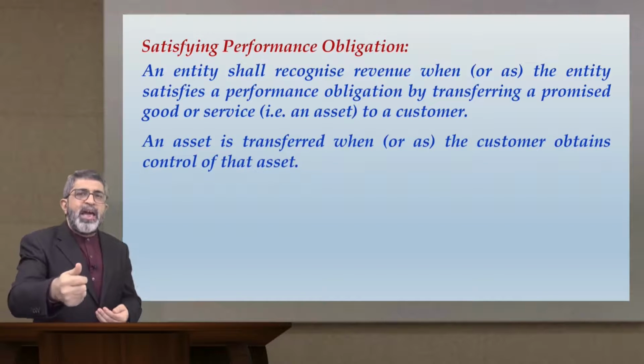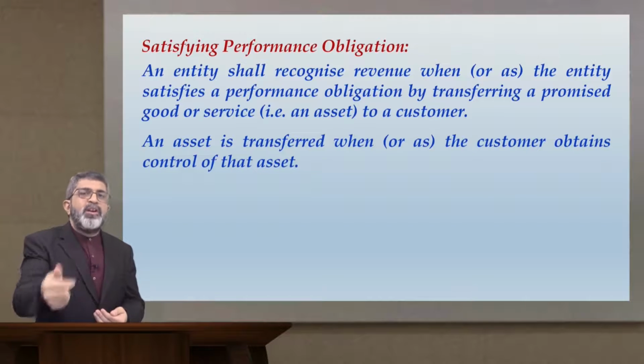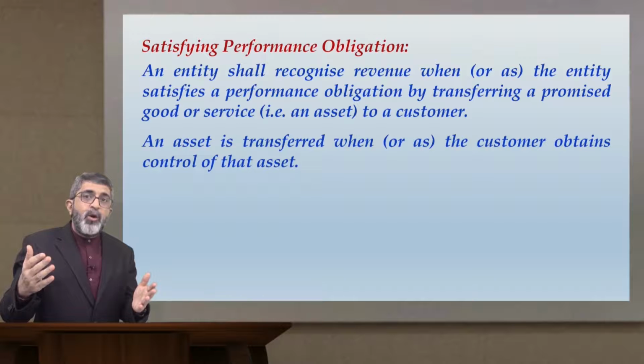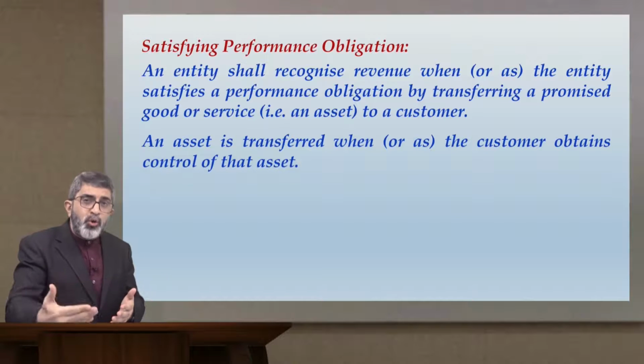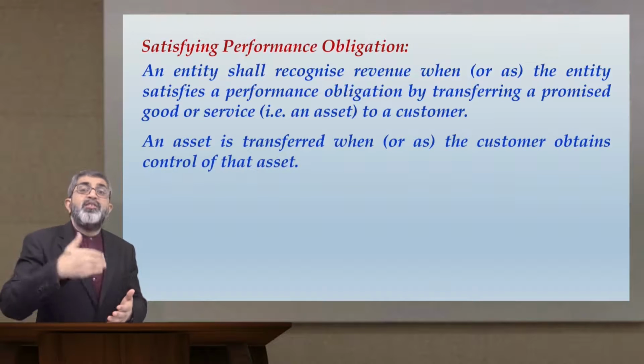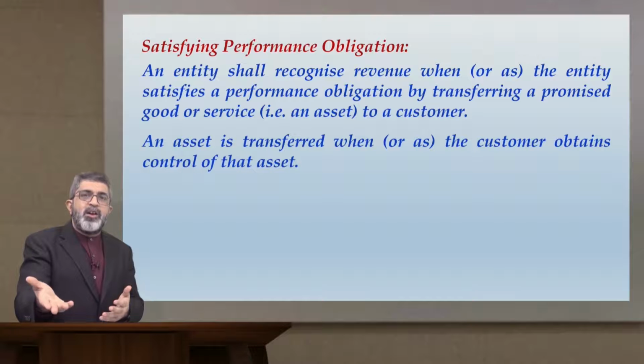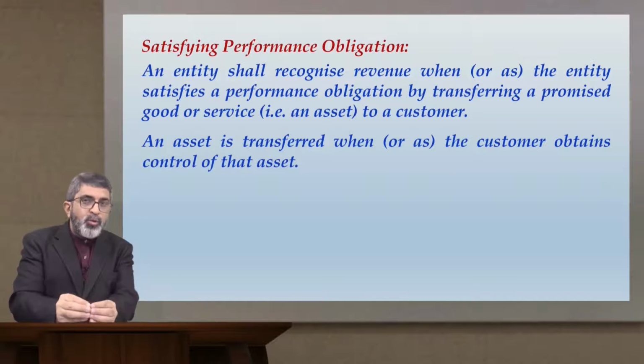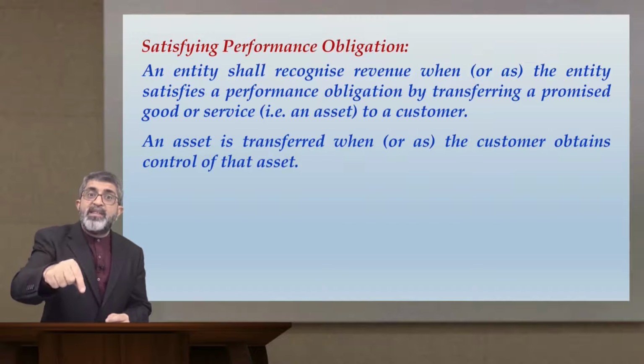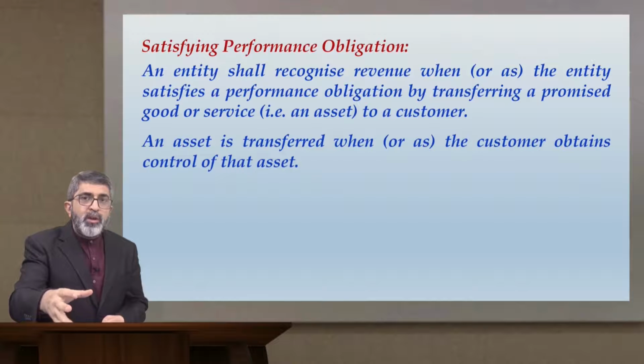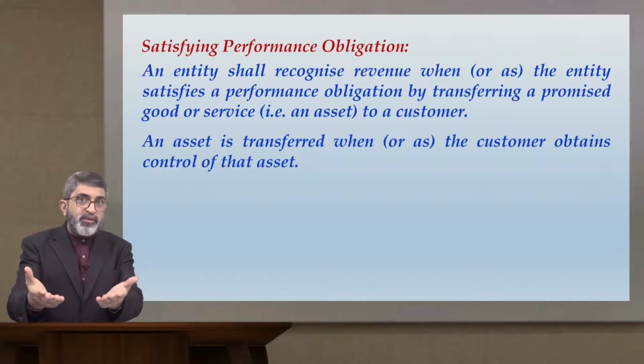When that transfer happens, basically when the control is transferred, I can say that this is your goods, your property, your asset, because I have transferred the control to you. In that case, if something goes wrong with those goods now, it will not be my loss, it will be your loss.